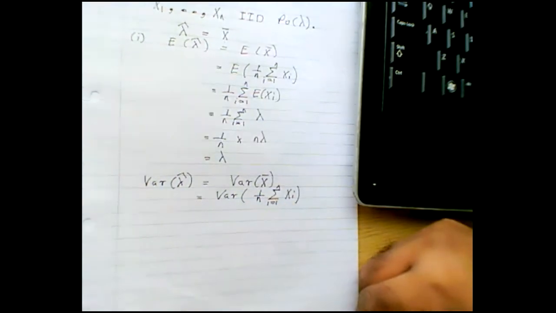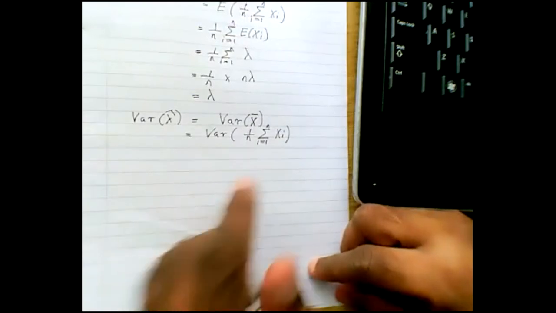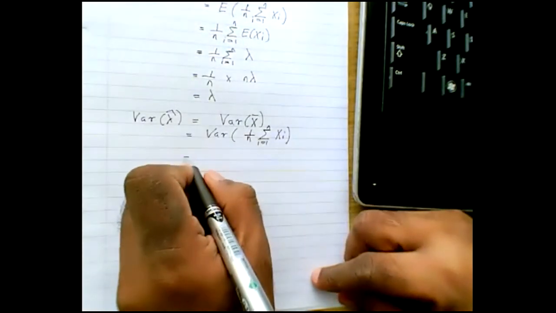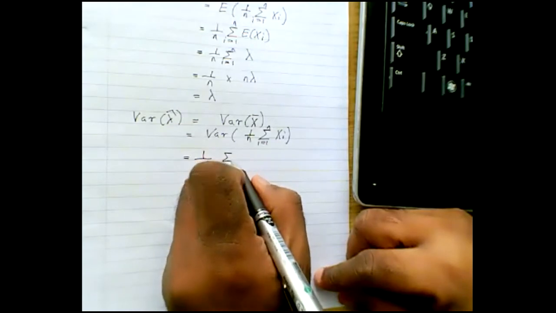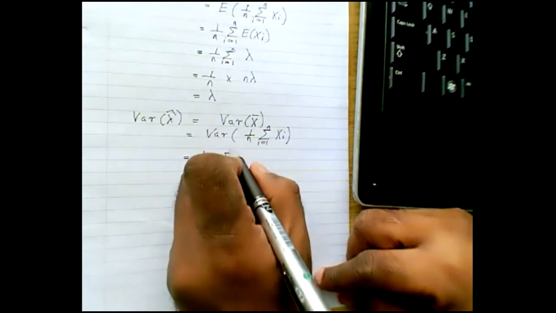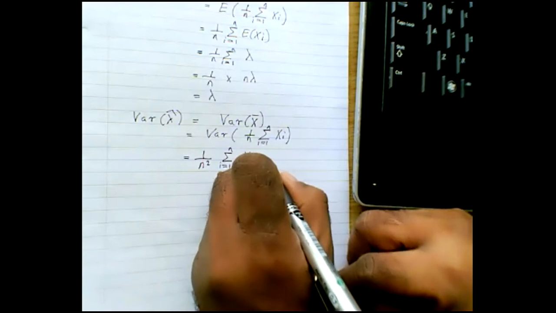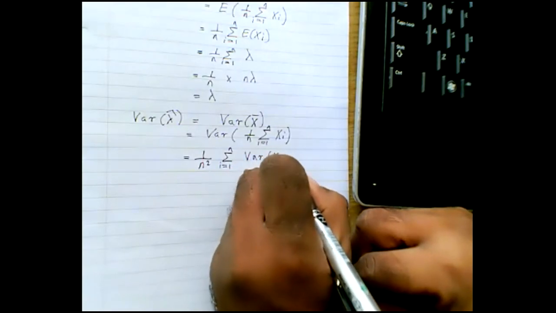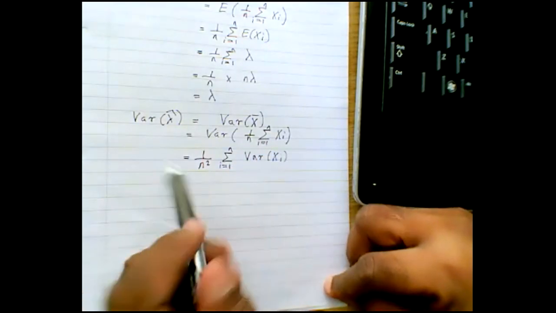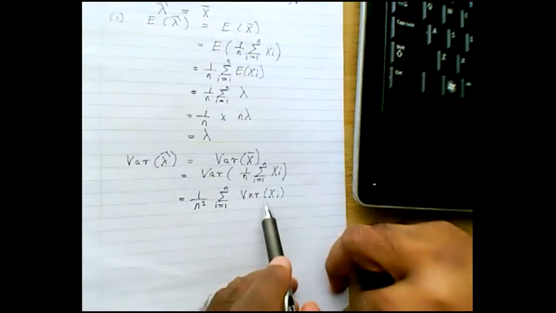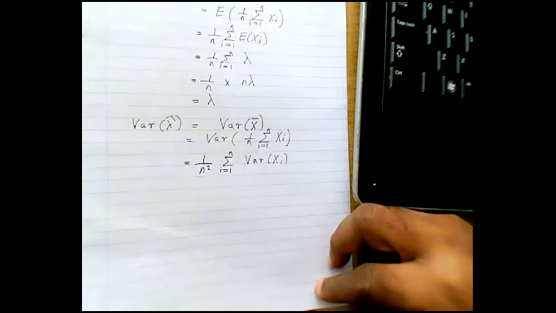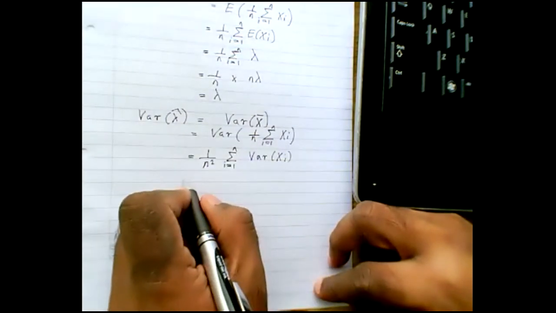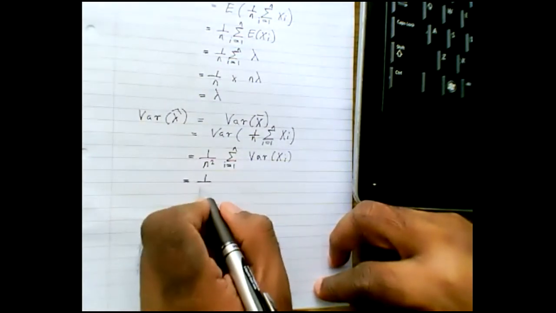Now taking the variance inside, 1 over n becomes 1 over n squared. Once again, for a Poisson random variable, the variance is, I'm sure you know what it is.